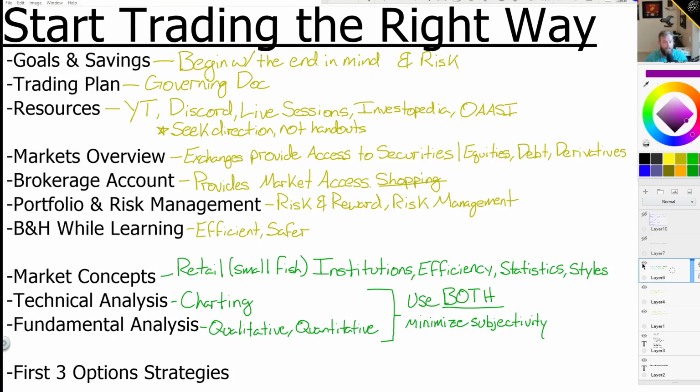Again, to not get too sucked down a rabbit hole, it's just important to note that we are essentially the small fish. We get information as retail traders the very last, but overall, there's still enough space in the market for us to make money as well. Now, when we talk about market efficiency, there's all different kinds of hypotheses out there.